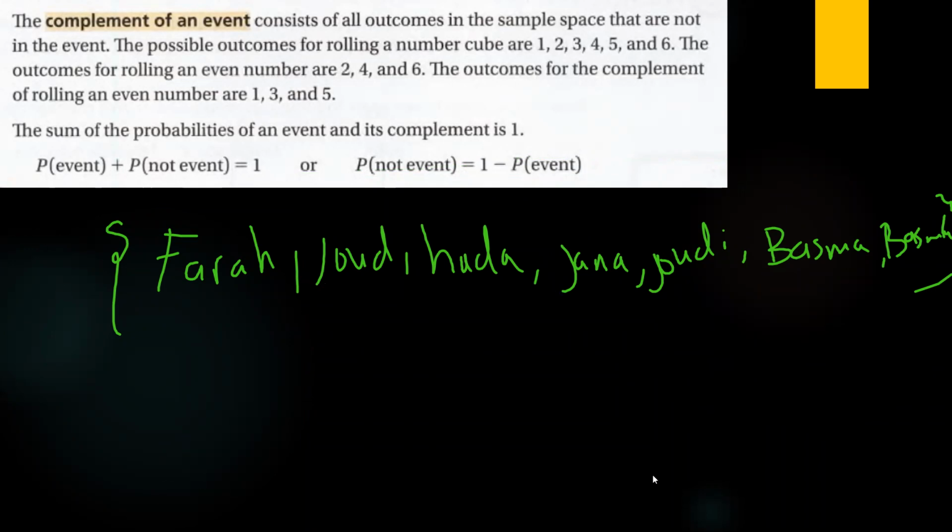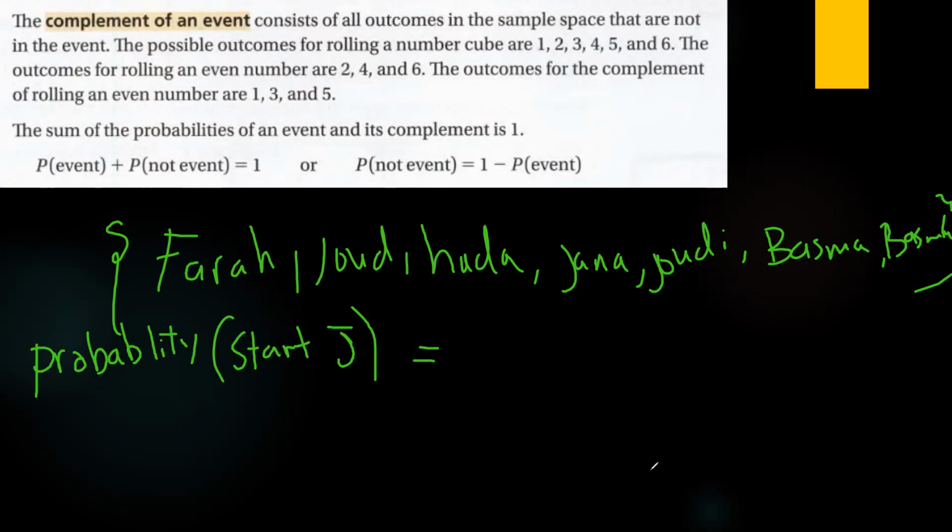Now, let's come back. I need to find the probability of choosing a girl whose name starts with letter J. How many girls start with letter J? We said 3. Over how many girls in the class? 1, 2, 3, 4, 5, 6, 7. So 7. The probability of getting a girl who starts with letter J is 3/7.